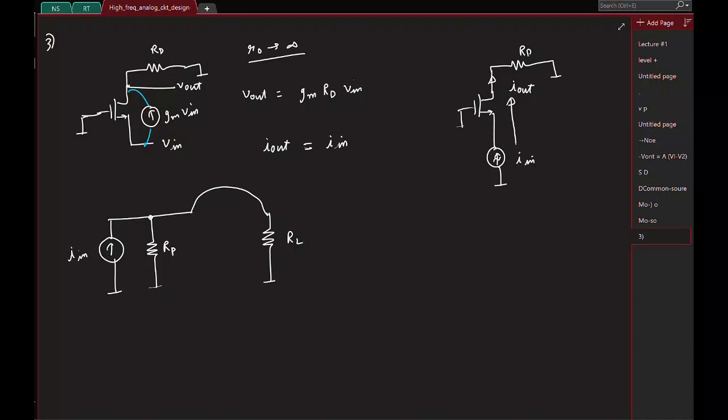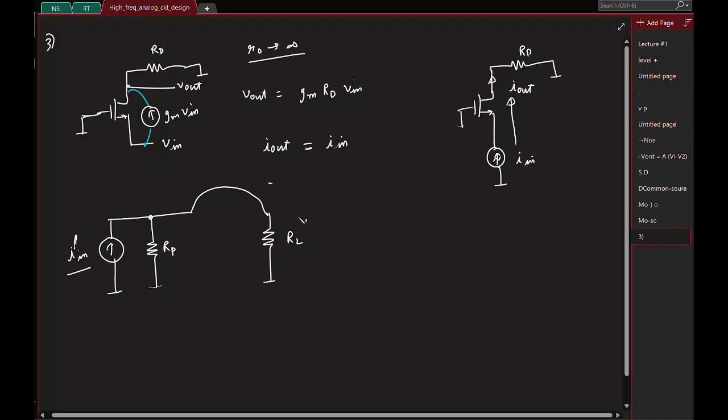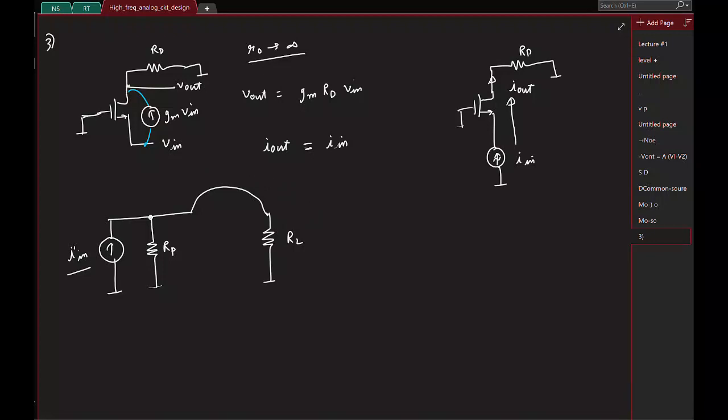But by the way, when will a current source be happy to deliver all the current to RL? For larger values of RL or smaller values of RL? For small values of RL, this current I in will completely flow, right? So it's okay if you have a small RL, but if you were to transfer this current to a large load resistor, this definitely is not going to work.